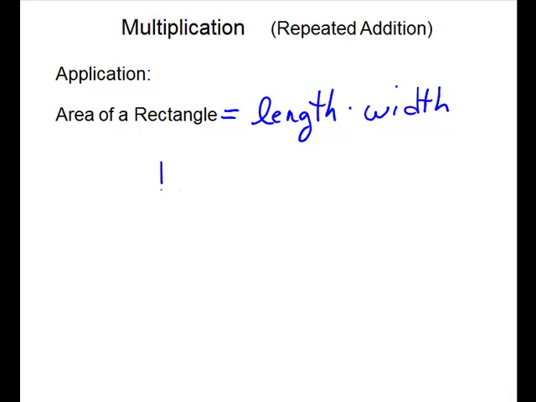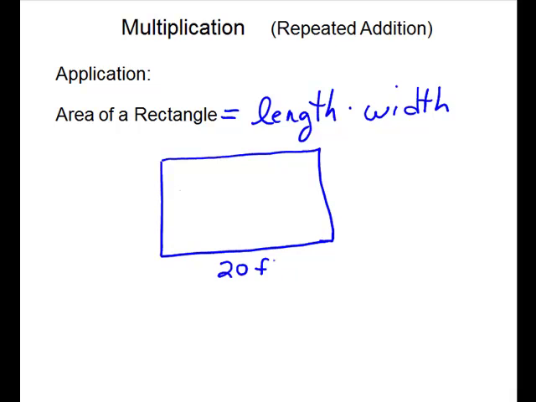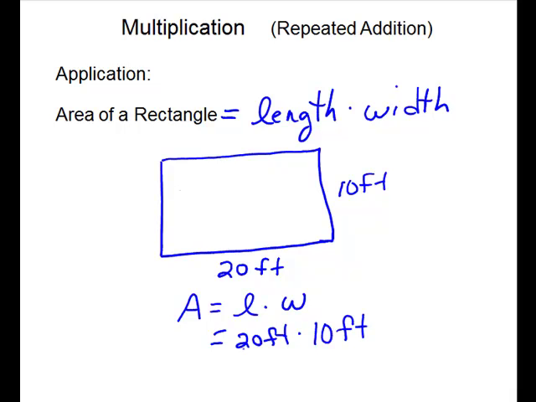So if we wanted to find the area of this rectangle, say it is 20 feet times 10 feet, there's your length and your width. We would just use the formula. So area equals length times width, and we would plug in. So 20 feet times 10 feet, and 20 times 10 is 200. Your unit is square feet. You'll just have to trust me on that for now. It works just like variables with exponents, but we'll come back to that.